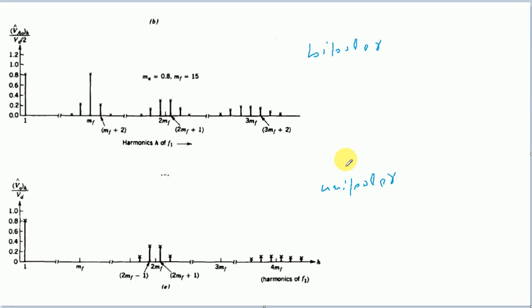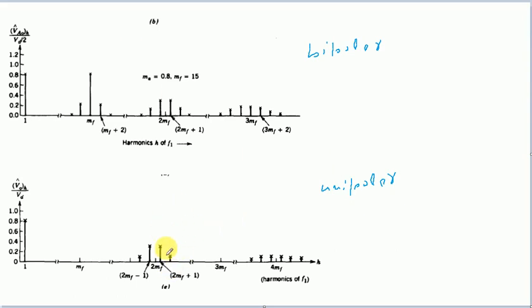In this case we can see that it has almost double the switching frequency compared to the bipolar scheme, and the advantage of doubling the switching frequency is evident from this harmonic spectrum. Here the lowest harmonics appear as sidebands of twice the switching frequency.